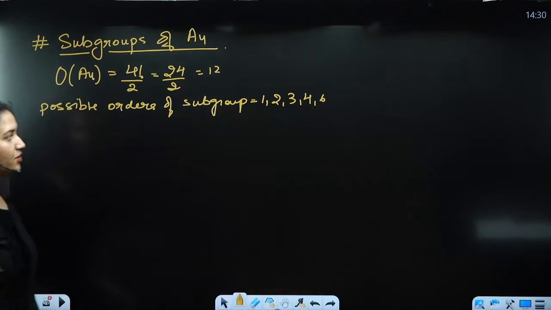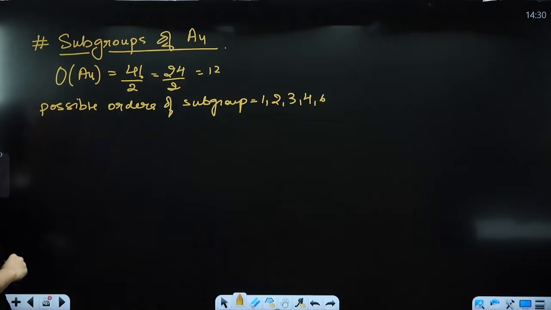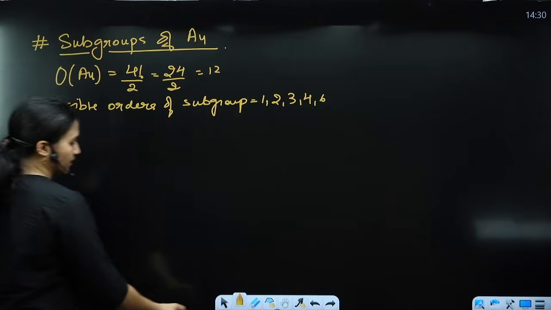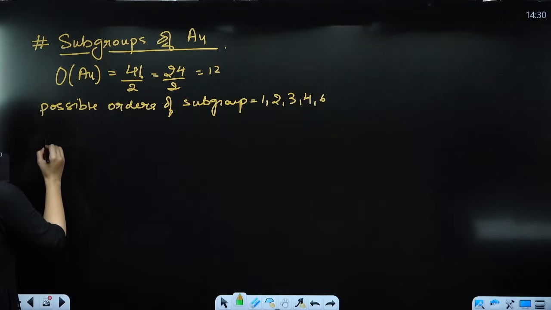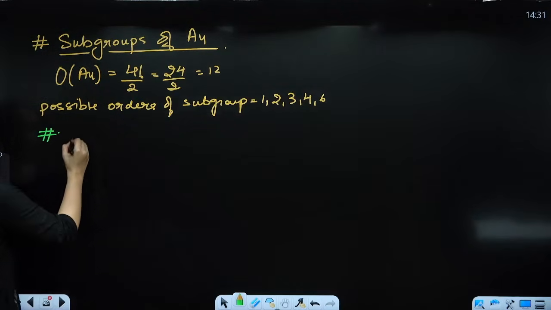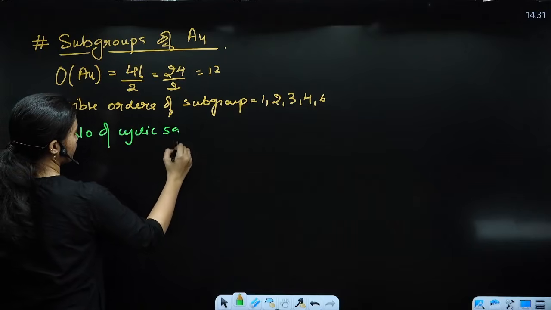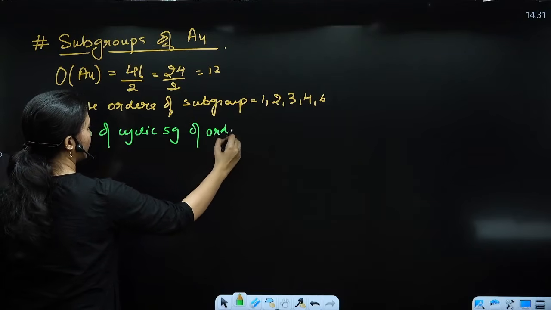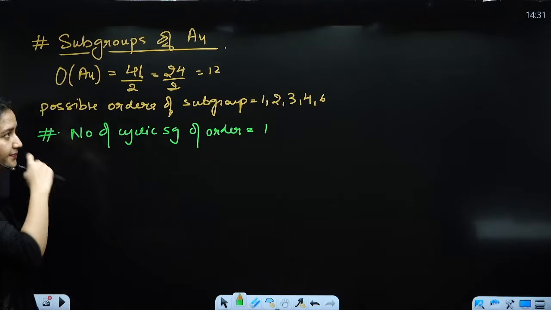We cannot write 12 because we know that it is not a cyclic group, right? Now let's start with the number of cyclic subgroups of order 1. It is going to be pretty easy. Now we know how to calculate it, right?